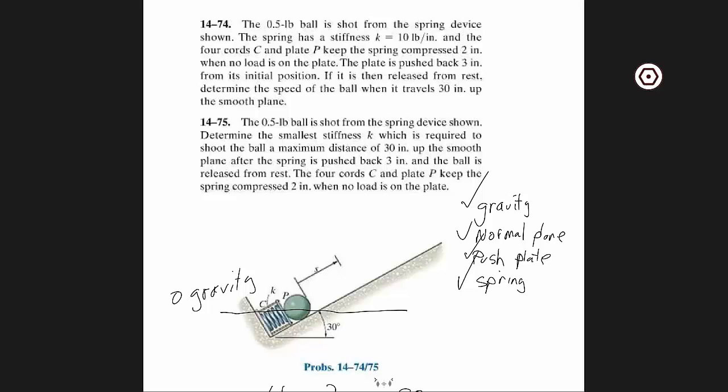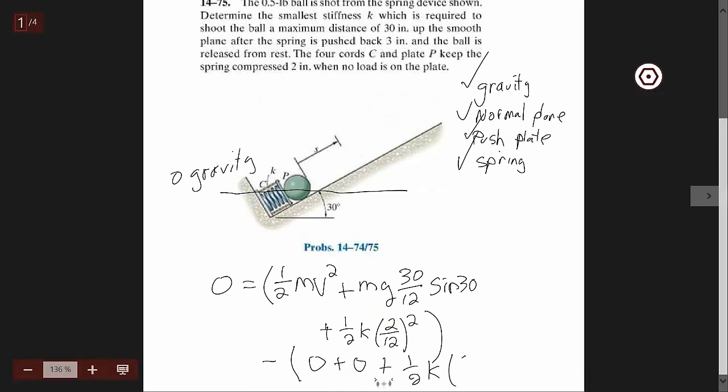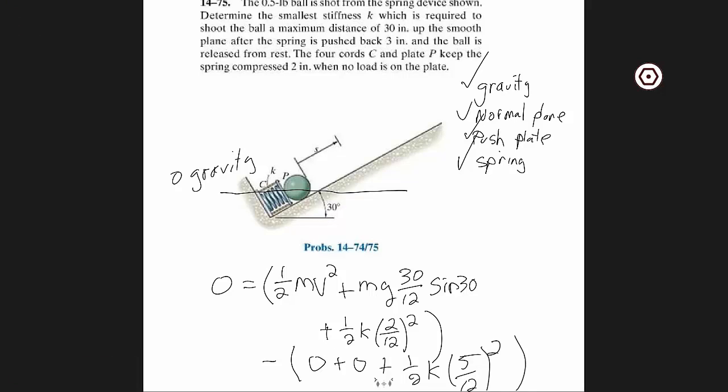Doesn't matter. You're going to square it. What matters is how much is he squished? 5/12. Make sure you watch the units. Okay. Anybody else got energy at the beginning? No? He's got to be somewhere, right? So spring. No, that's it. I got it all. How many unknowns?